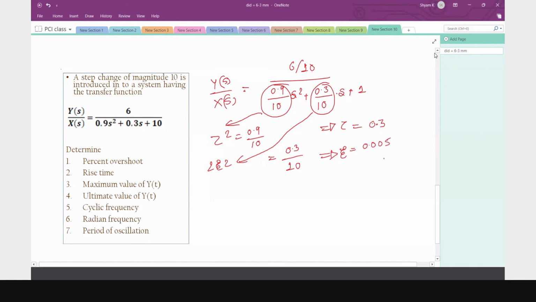Again, it is under damped system, okay? Under damped system. So overshoot is, overshoot e to the power minus pi psi by under root 1 minus psi square. Overshoot is 0.8545.